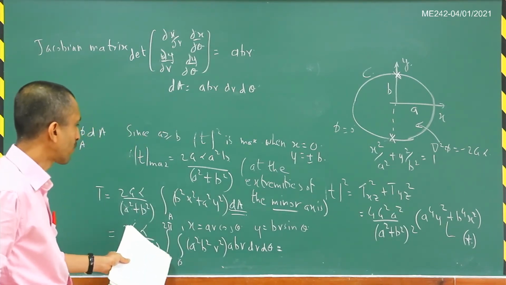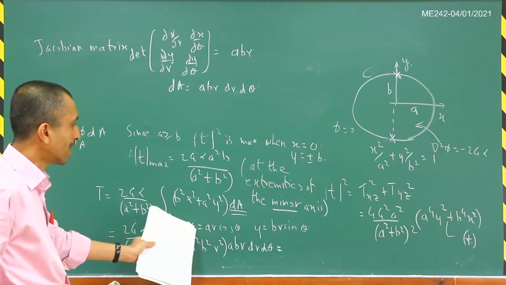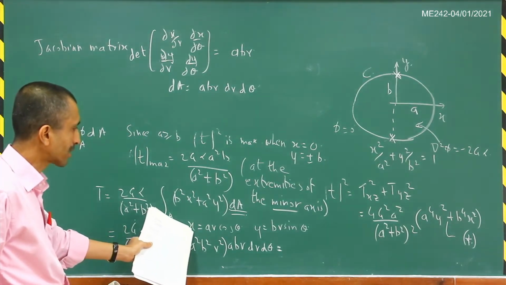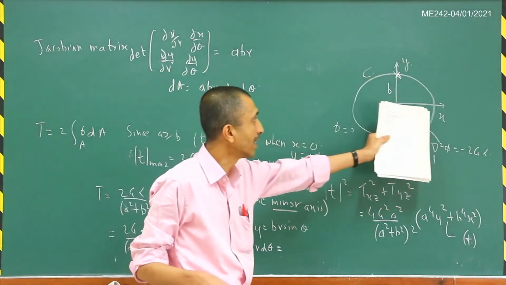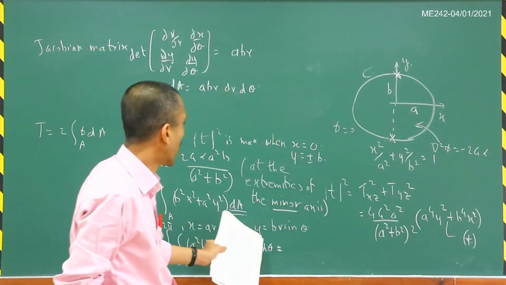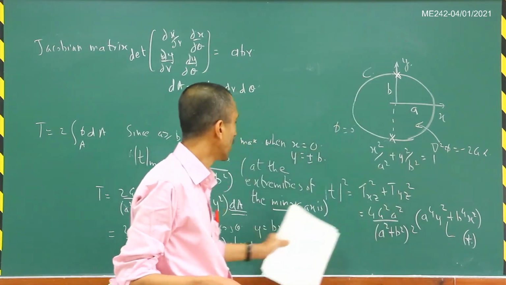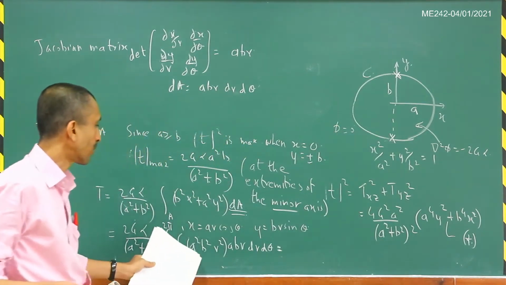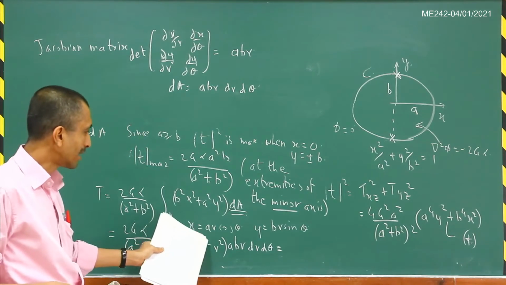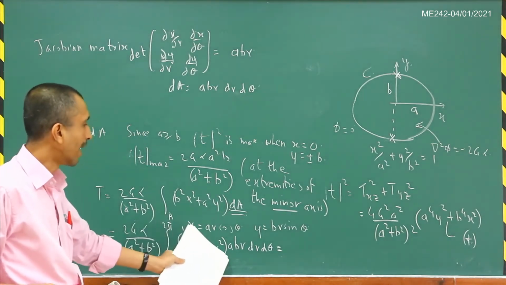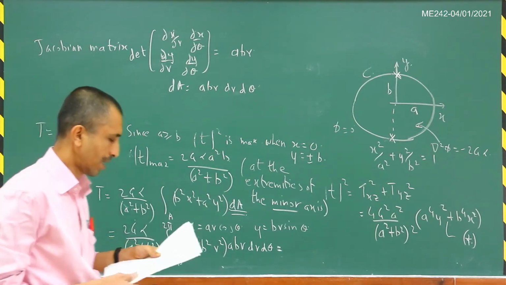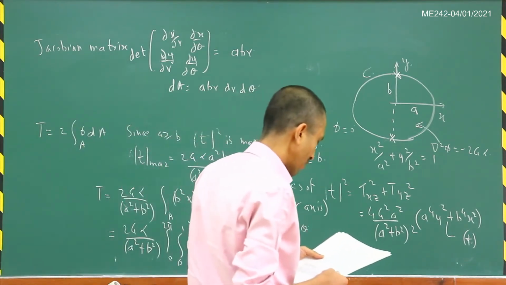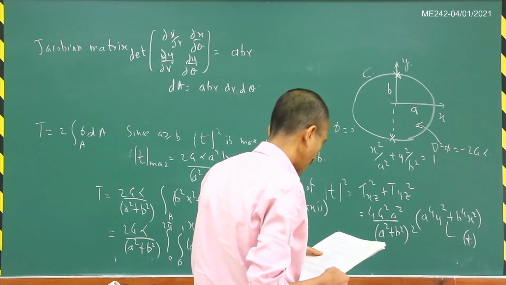The limits for theta and r can be figured out from this, because x varies from minus a to a, and y varies from minus b to b, and the corresponding limits for r and theta are 0 to 2 pi and 0 to 1. You can figure that out for yourself.